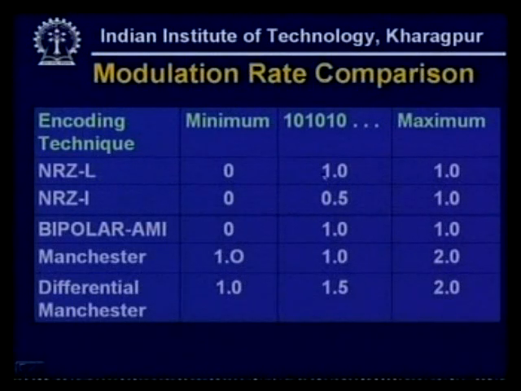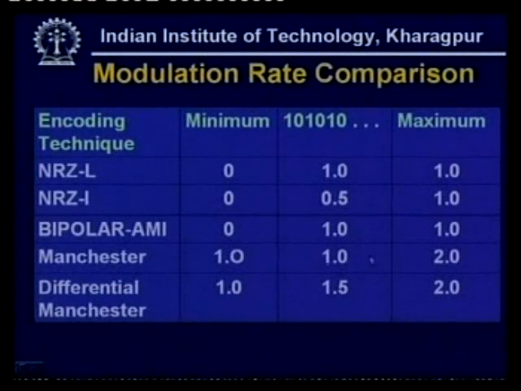For NRZ-L it is 1, for NRZ-I it is 0.5, for bipolar AMI it is 1.0, for Manchester it is 1.0, for differential Manchester it is 1.5. And look at the maximum. The maximum is 2.0, both for Manchester and differential Manchester.